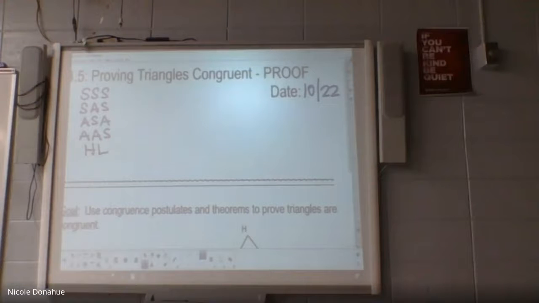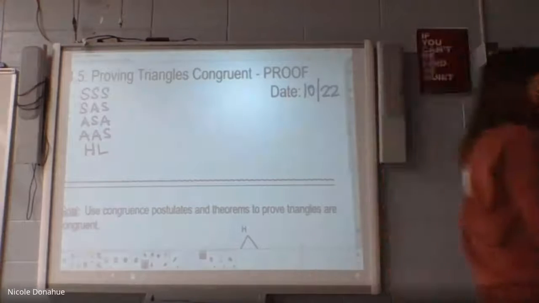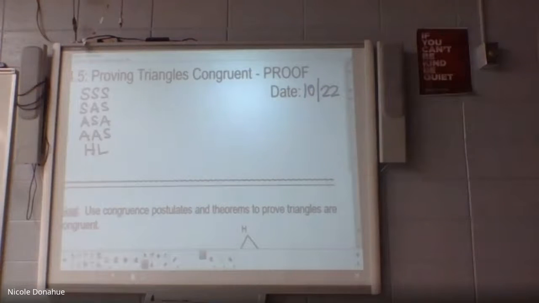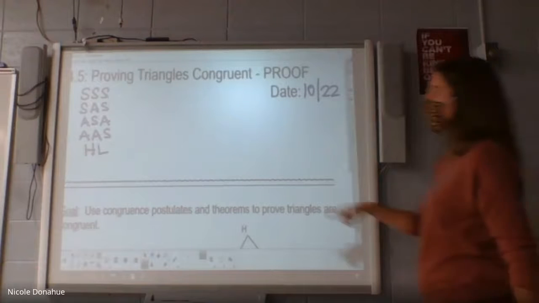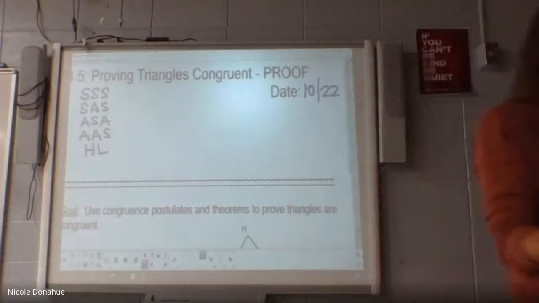So what we're doing today is proving triangles are congruent by using one of these reasons. Just like we solved the equations a few chapters ago, and we got to explain each of our steps, we're going to have to do the same thing with triangles. So if I have side-side-side, I have to show that all three sides are equal in my proof.